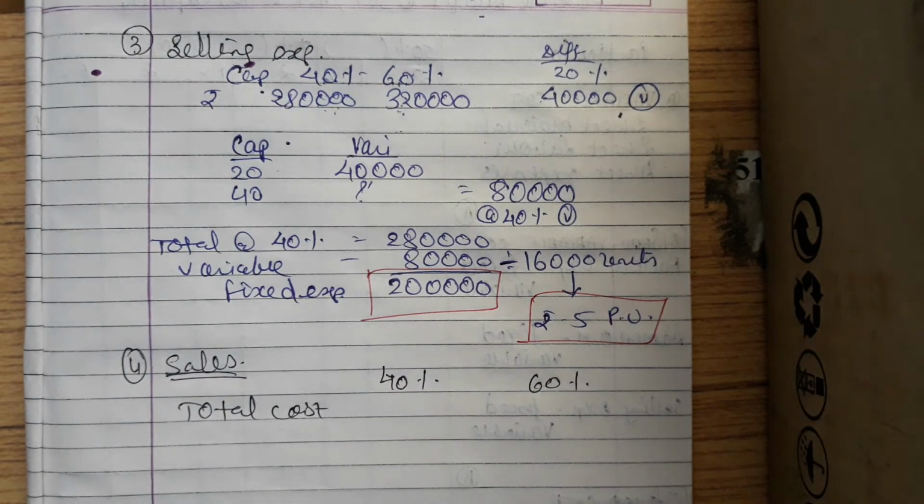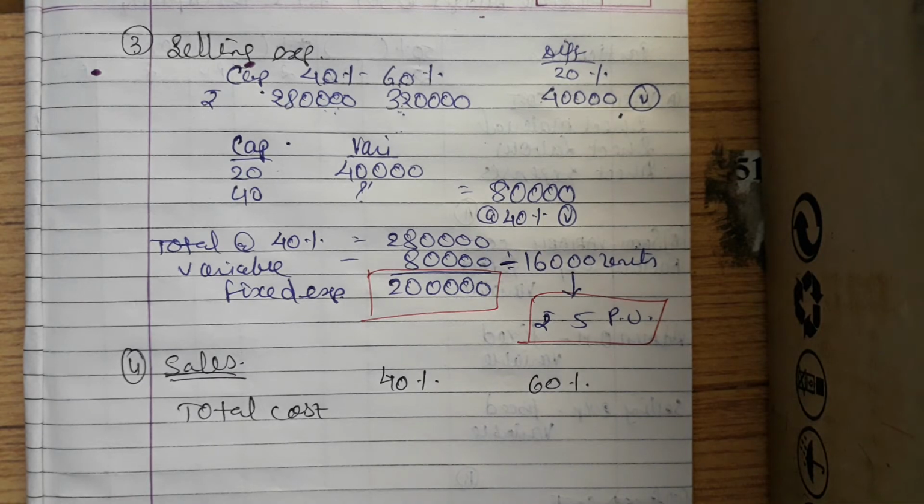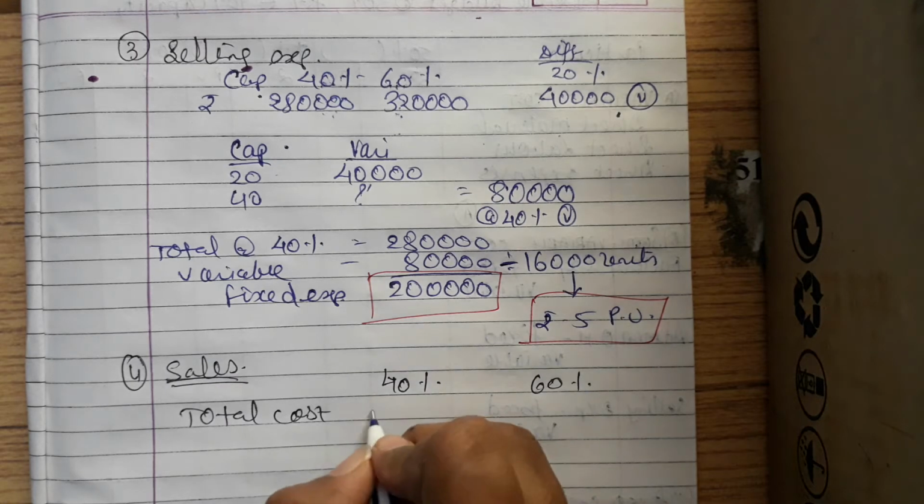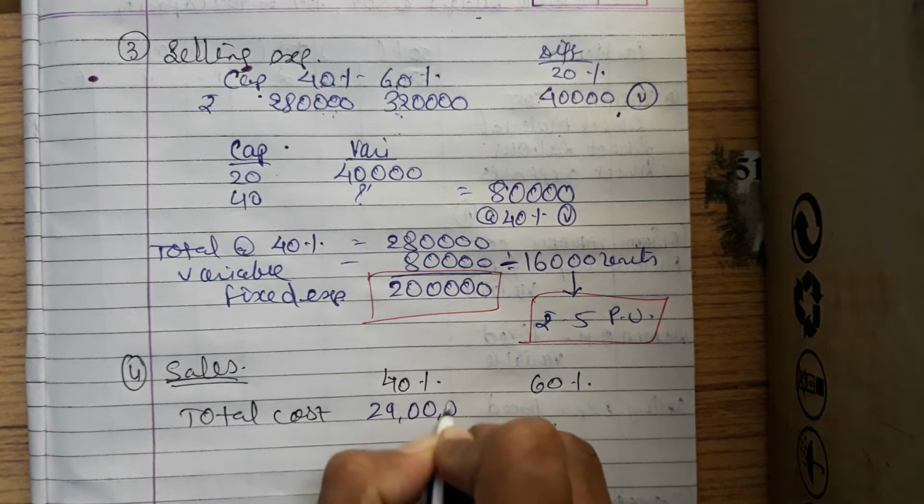So if we sum up the expenses given at 40%, starting from direct material 4 lakhs plus 2,40,000, have a look at your example, plus 1,60,000 plus 7 lakhs plus 5,20,000 plus 2,80,000 plus 6 lakhs, that is 29 lakhs.